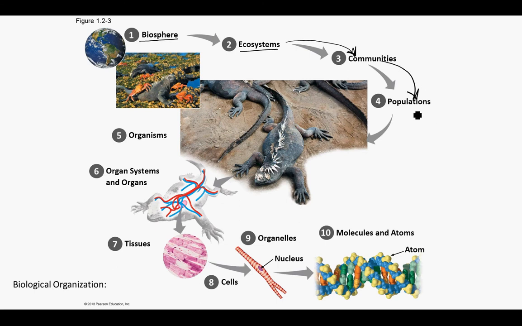And now we're looking at the organization of organisms that are all the same species. So we might be looking at a bird population, a deer population, a fish population. In this, all the species are the same. So it's really important that you understand largest to smallest and what's in each of these organizational groups.